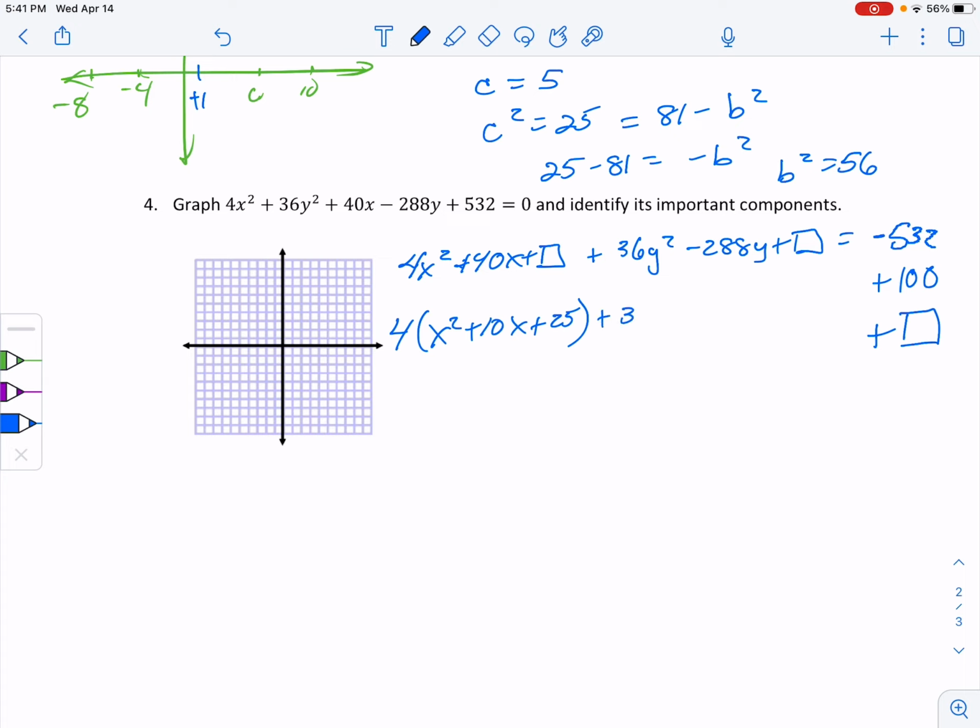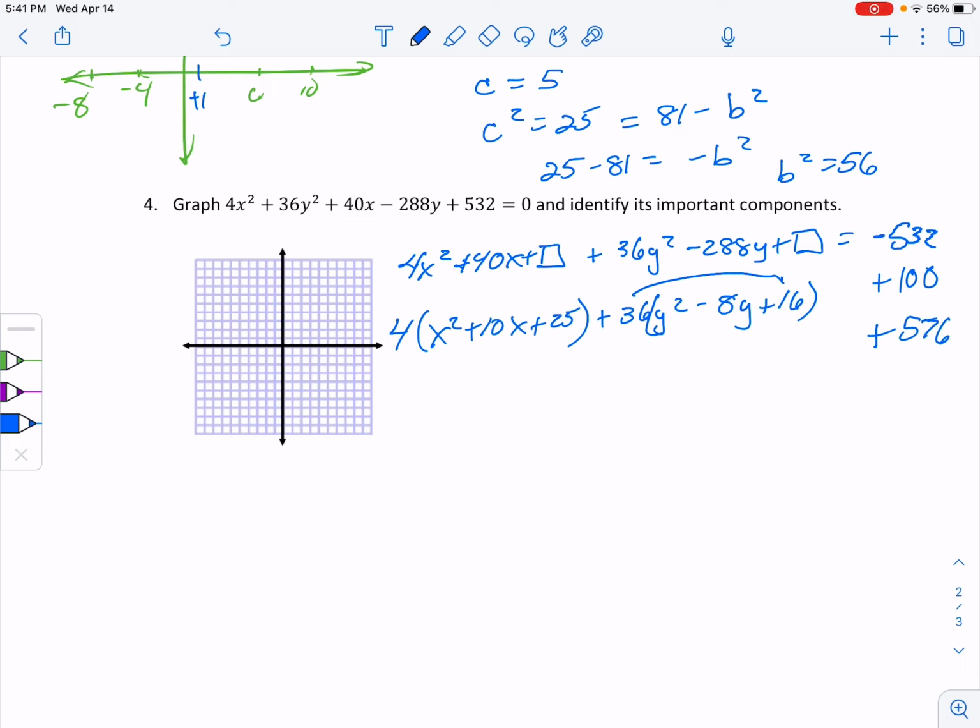Here I'm going to factor out 36. What's 288 divided by 36? 8, so minus 8y. Half of 8 is 4. 4 squared is 16. In my box, which again is not big enough, I have to do 36 times 16. 16 times 36 is 576.